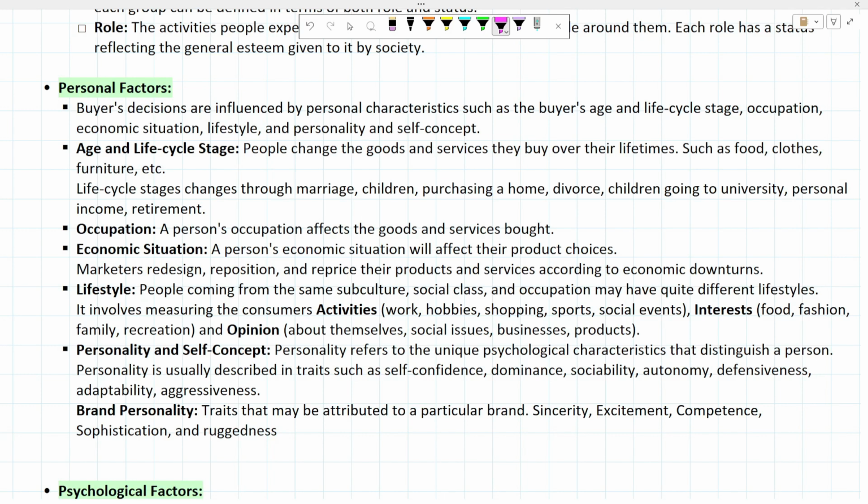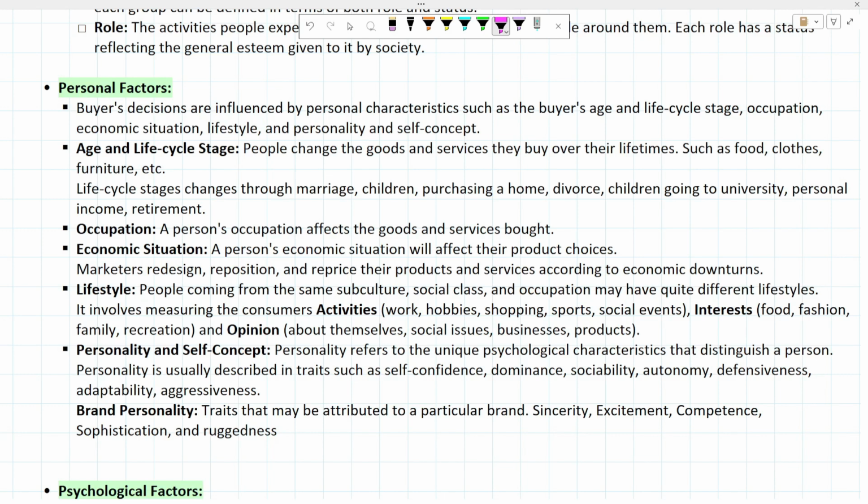It involves measuring the consumer's activities, such as work, hobbies, shopping, sports, and social events, their interests, such as food, fashion, family, recreation, and opinions about themselves, social issues, businesses, and products.